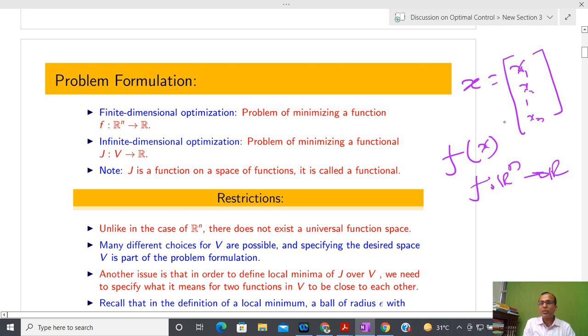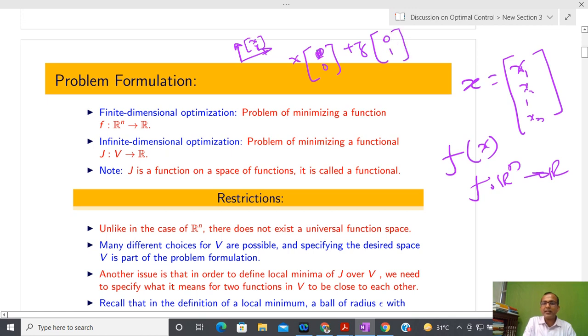Since I have tuples of numbers, I can represent that space using a finite number of bases. What does it mean? Suppose we are in two-dimensional space. I can represent any quantity by x and y, so I can also write this as x times (1, 0) plus y times (0, 1).